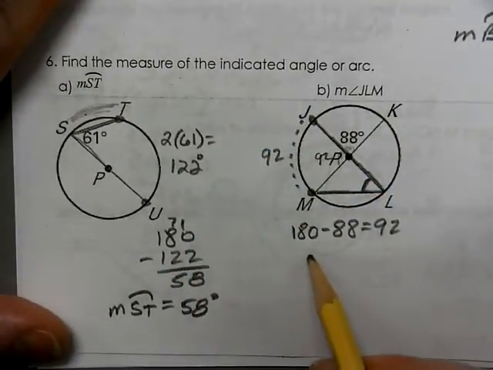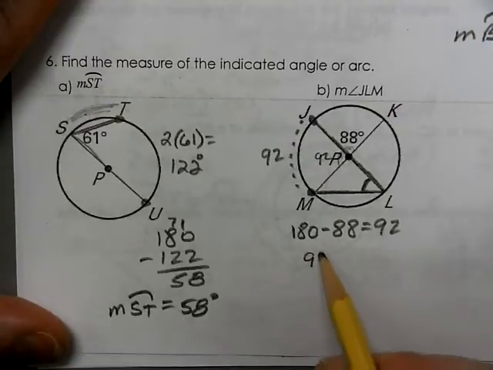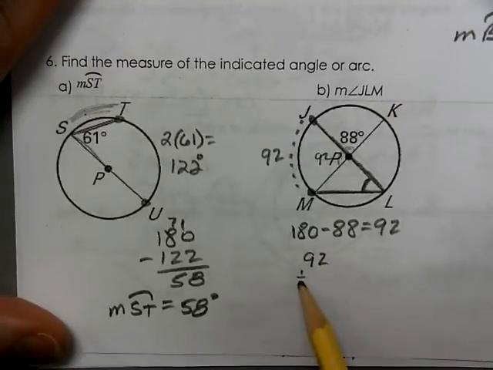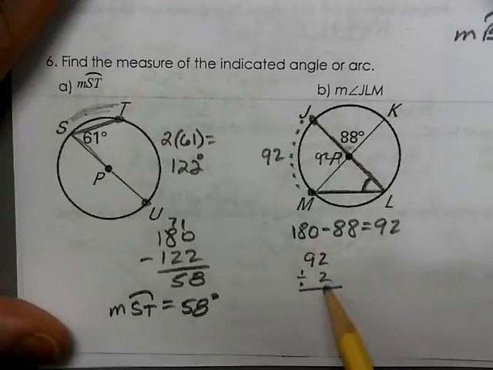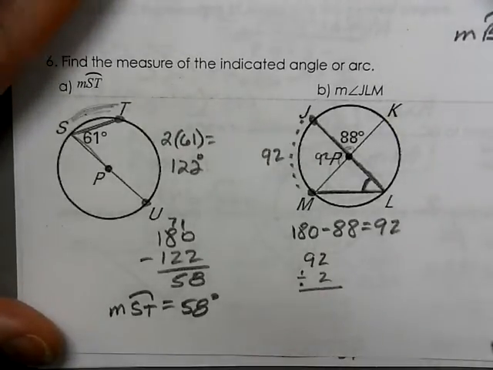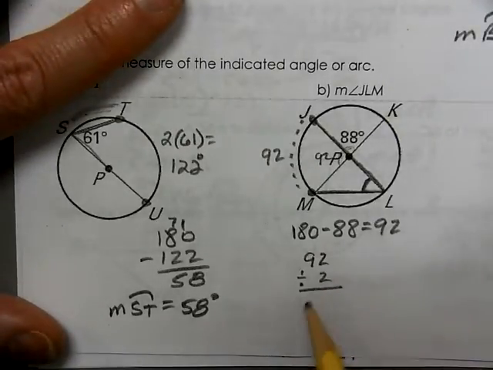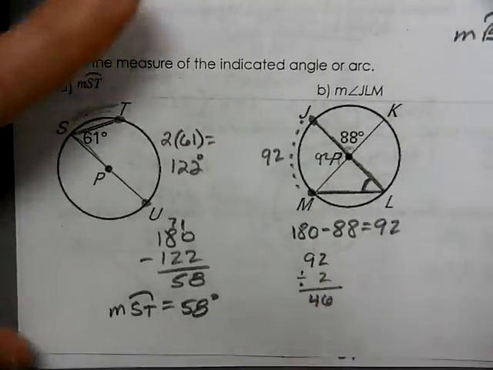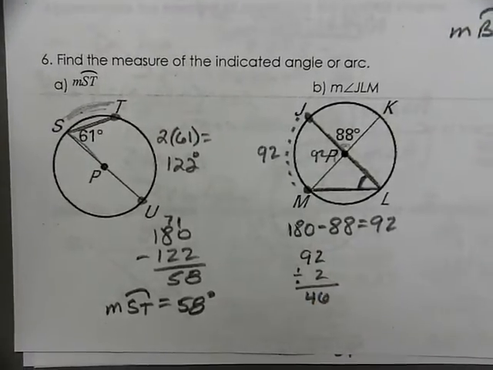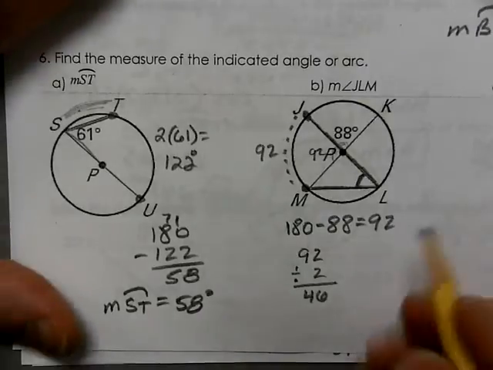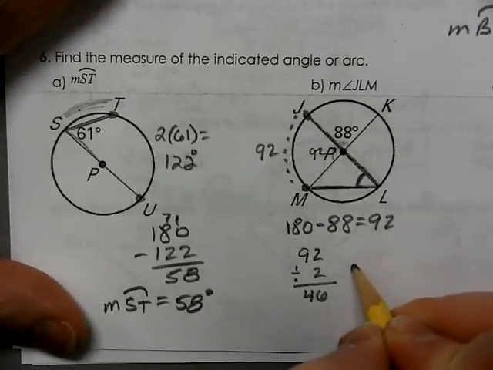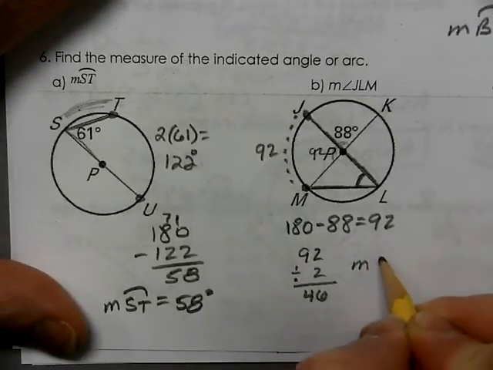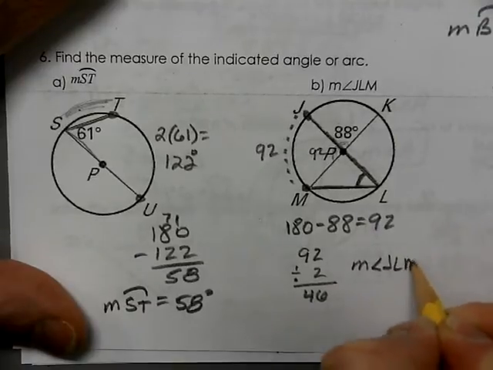Now we're going to take the arc of 92 and divide that by 2. We get 46. So 46 is the measurement of angle JLM.